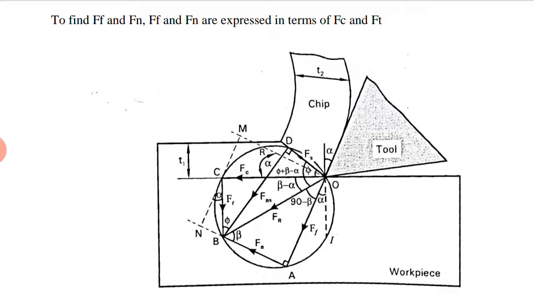To find Ff and Fn, the frictional force and normal force, Ff and Fn are expressed in terms of Fc and Ft, the horizontal cutting force and vertical thrust force.